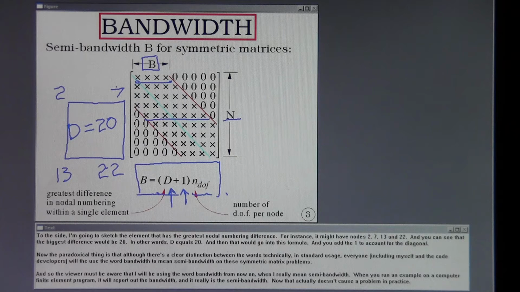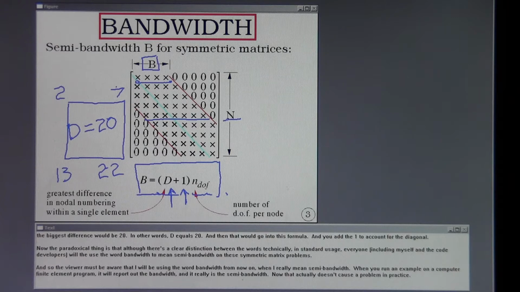And so the viewer must be aware that I will be using the word bandwidth from now on when I really mean semi-bandwidth. When you run an example on a computer finite element program, it will report out the bandwidth, and it really is the semi-bandwidth. Now that actually doesn't cause a problem in practice.